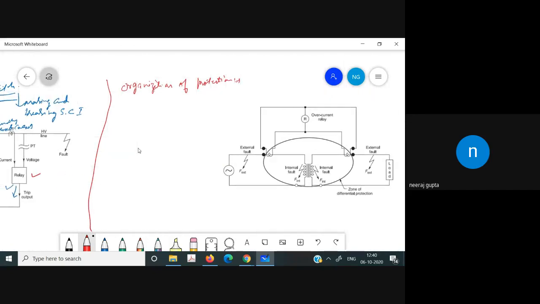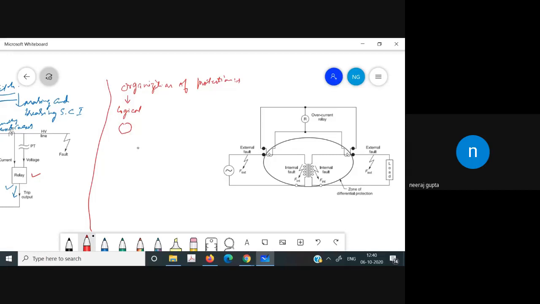Now, if you see, the protection system is organized in a very logical fashion. What's the idea of this organization of protection? The main idea is to provide a ring around each element of the protection system.